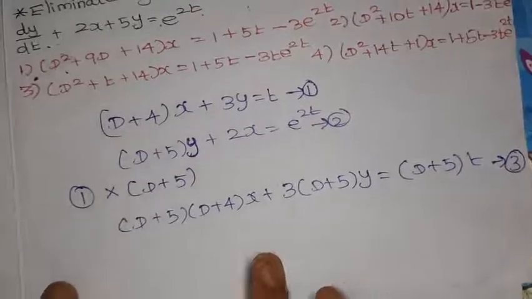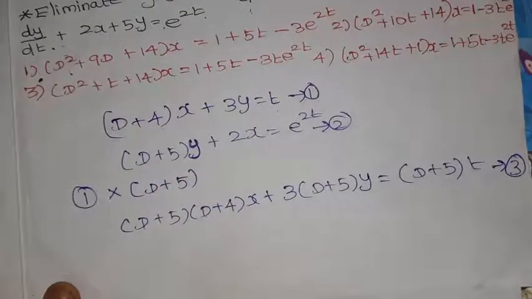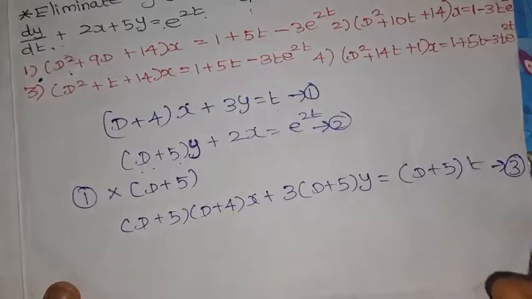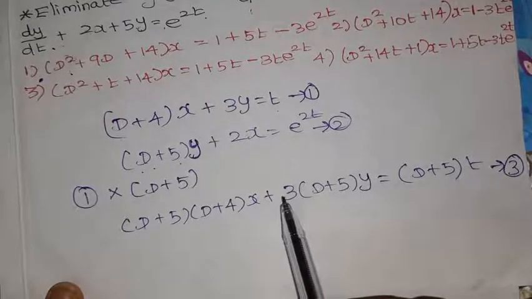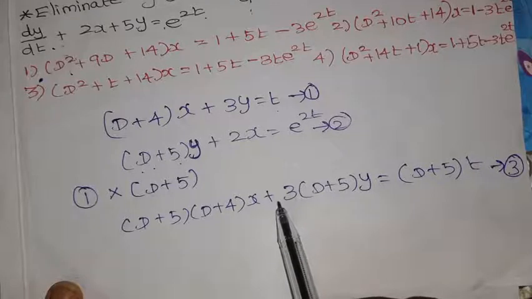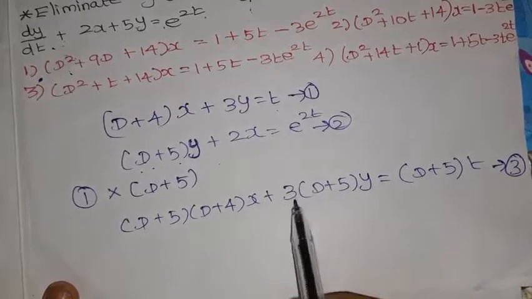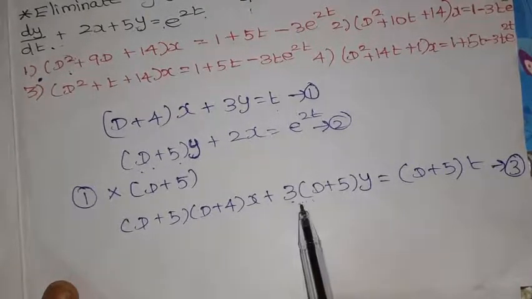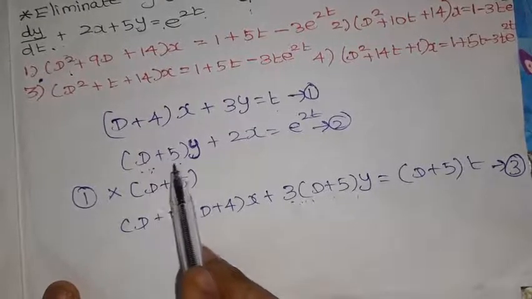Then for equation 2, multiply by 3, since we have to eliminate y. Here we have 3 into (D plus 5) into y, and in equation 2 simply (D plus 5) into y.